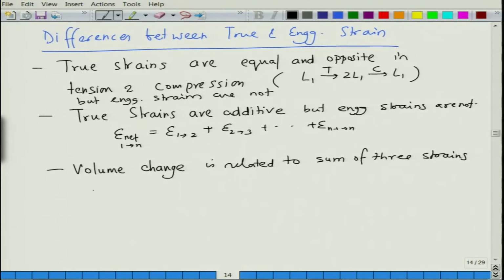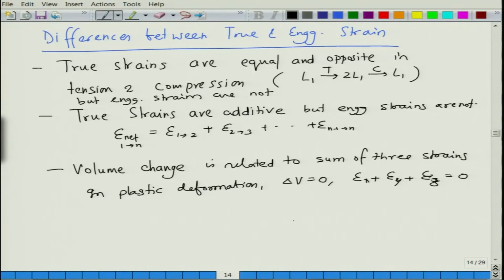As we will see in plastic deformation, delta V is equal to 0, which means epsilon 1 plus epsilon 2 plus epsilon 3 should be equal to 0, or epsilon x plus epsilon y plus epsilon z should be equal to 0, but E1 plus E2 plus E3 is not equal to 0. So, there is an anomaly between these. So, this obeys the principle of no net volume change, but this does not obey. So, there is a problem there.